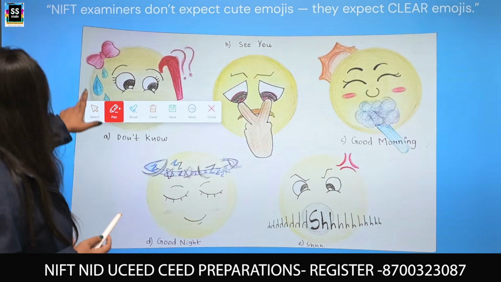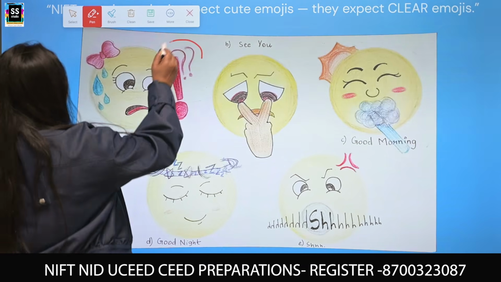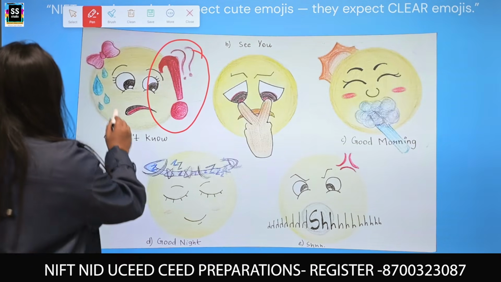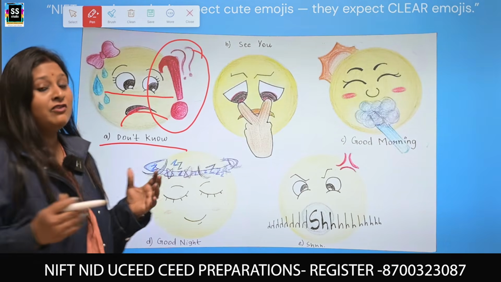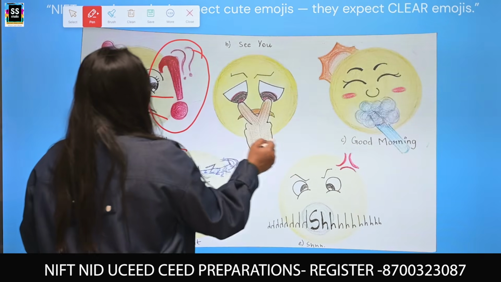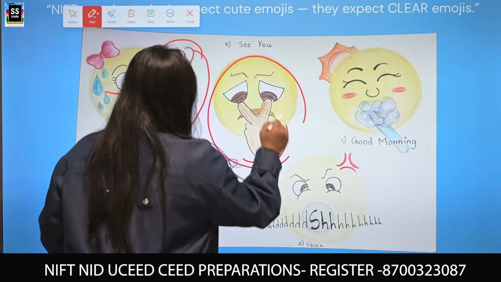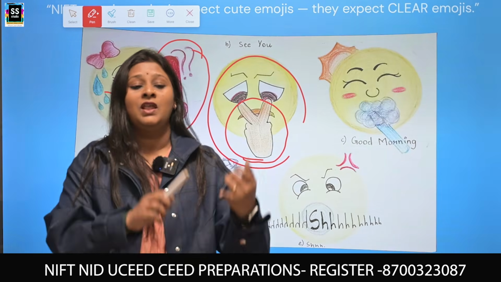All these things are very important. You can see the question mark, the eyes expression, the lips expression. This is exactly when we feel we don't know, we are confused about anything. See how the hand has been used. Using the hand is usually gestures.